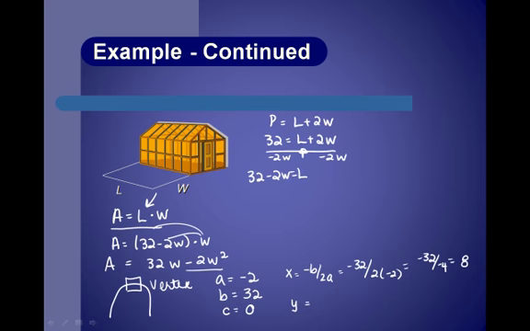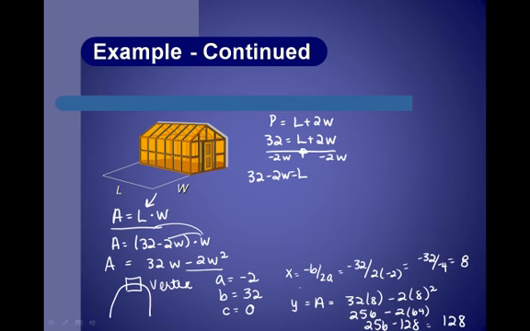Now the y value of our vertex means we're going to plug it back into our area formula. So the y value would be 32 times 8 minus 2 times 8 squared, which would be 256 minus 2 times 64, which would be 256 minus 128. So the y value would be 128.